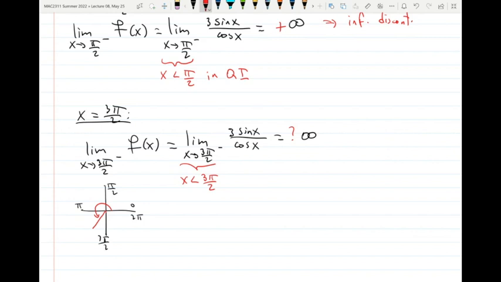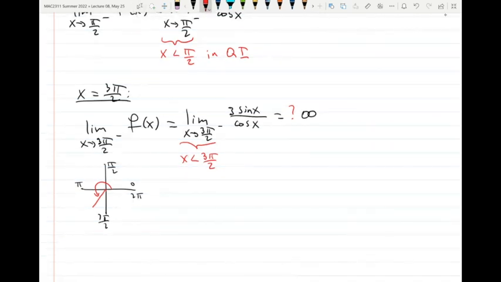But here, getting close to 3 pi over 2 this way is what it means to be less than 3 pi over 2. You can see we are in quadrant 3, because in quadrant 2 you're too far away. Approaching from the right would put us in quadrant 4, where it's bigger.